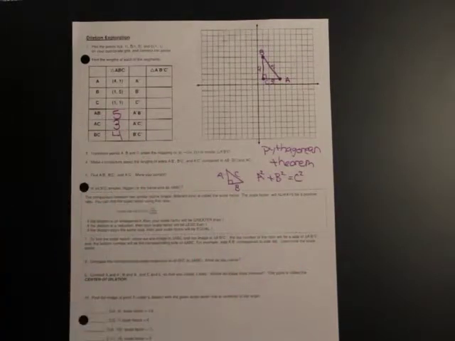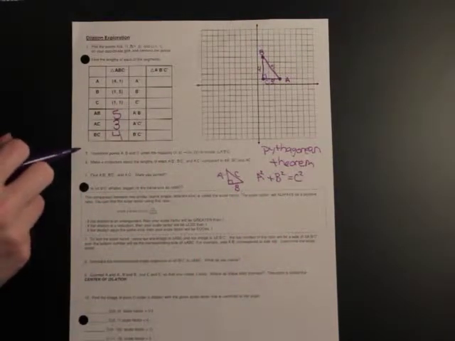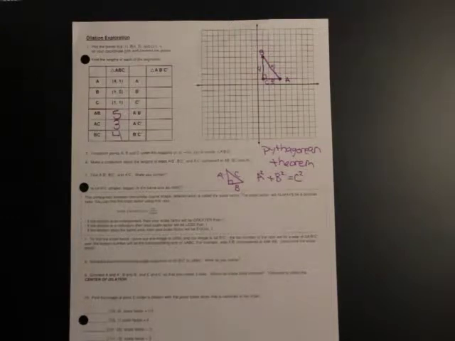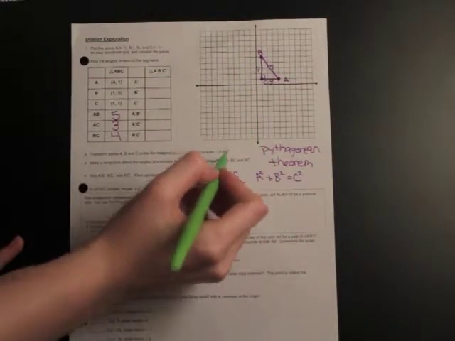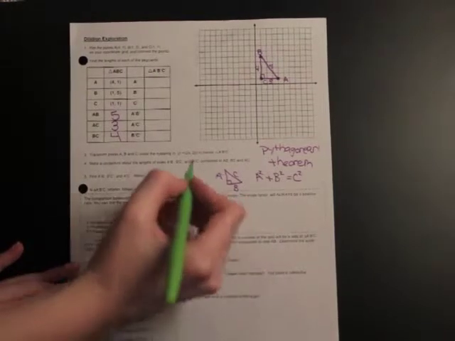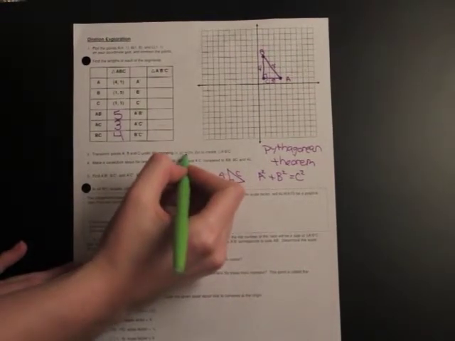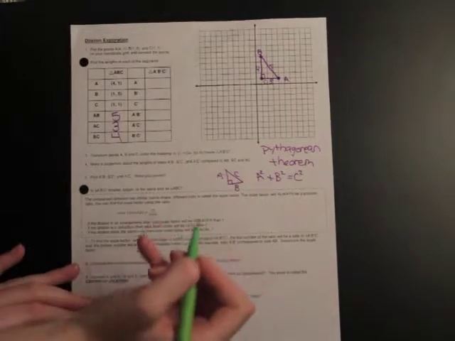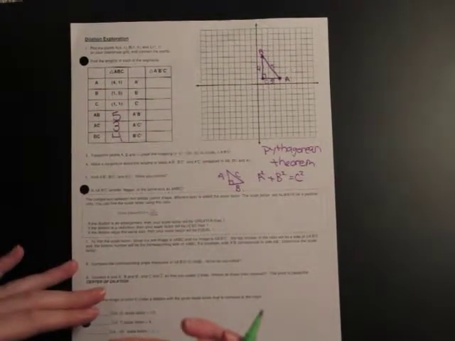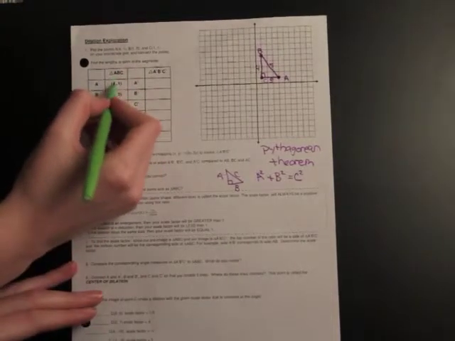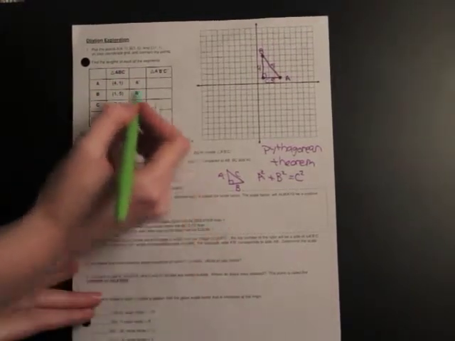Okay, so now we're going to go down to number 3. We're going to transform points A, B, and C under the mapping. You guys should remember the word mapping to create A prime, B prime, C prime. Okay? The mapping says that xy becomes 2x, 2y. So, if our first point was 4, 1, we need to multiply x by 2 and y by 2.